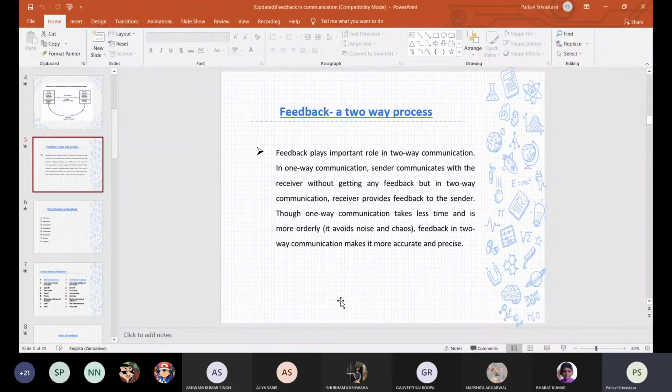And this is why face-to-face communication, or communication where immediate feedback is possible, becomes easier and more accurate as well, because we have chances to clarify things. Whenever there is a doubt or a query, we can give back the answer, and through certain exchanges of question and answer, we can make it clearer for both parties. Feedback is a two-way process where two parties are involved, and they can communicate with each other.